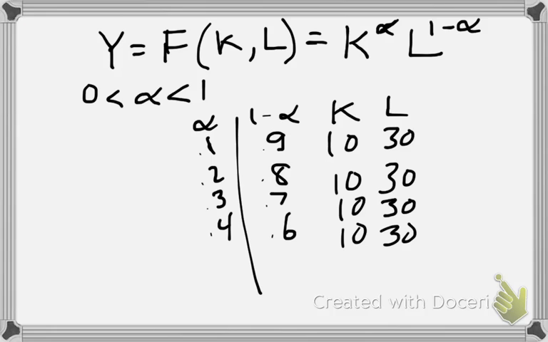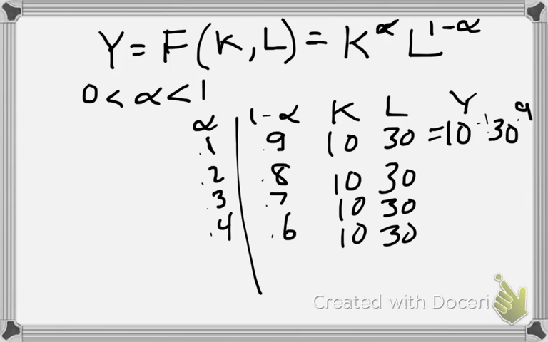And then your final column would be output, which would be equal to 10 to the 0.1 times 30 to the 0.9, and that would give you some numbers. So you can load that all into Excel to get an idea of how the production function actually works.